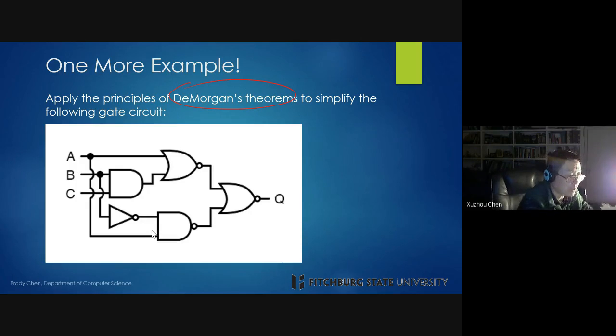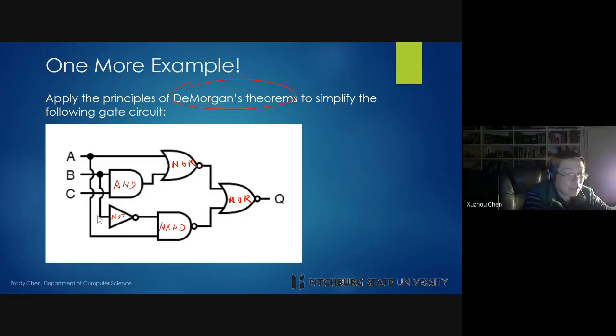So you have 2 NOR gates. That's a NOR gate. That's an OR NOR gate. That's a NAND gate. And that's an AND gate. And this is a NOT gate. Okay. So how can you simplify this?